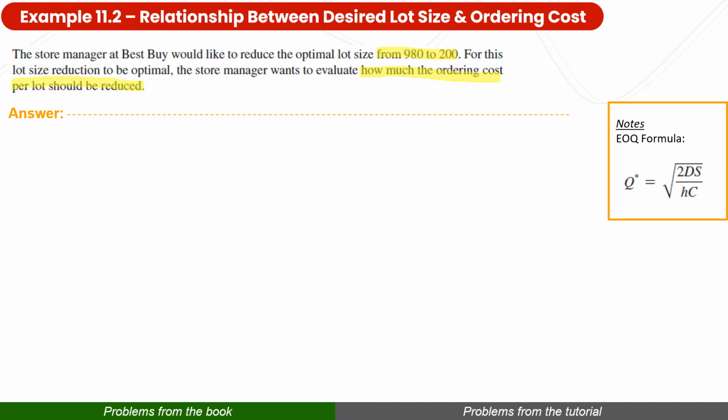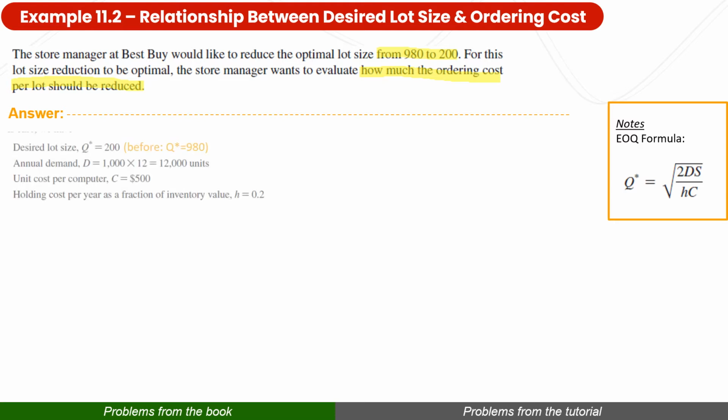So we write first the information. So the desired lot size is 200. Before, in the previous slide, it is 980, and then the annual demand is still 12,000 units, and the cost also still the same, and the fraction of holding cost also still the same.